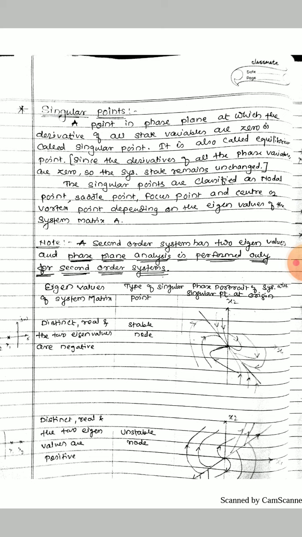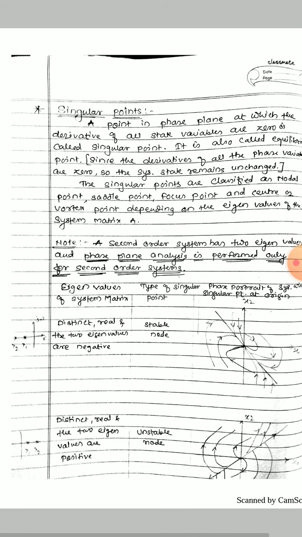Now let us see what is the phase portrait for the different types of the eigenvalues of the system. So here we can consider the table, that is 3 columns: eigenvalues of the system matrix, then type of singular point and the phase portrait of system with singular point at origin. So here we can see that first condition, that is the eigenvalues of the system matrix are distinct, real and both are negative.